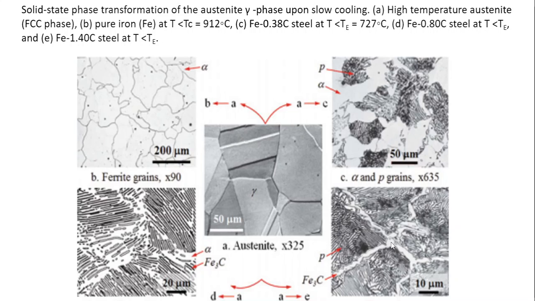The pro-eutectoid cementite phase is also etching, and as this forms, the carbon is depleted from 1.4% carbon to a lower value, as carbon diffuses from the austenite to grow the cementite phase, which contains 6.67% carbon.